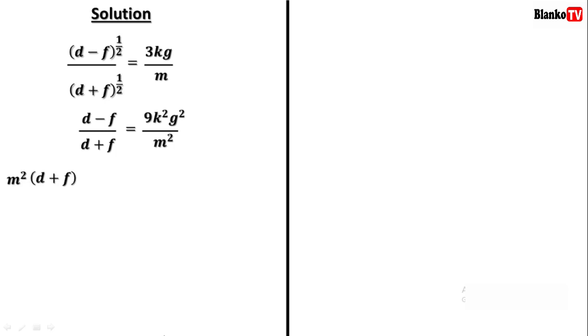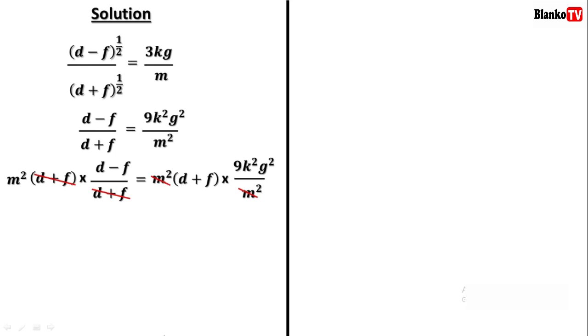So we have m square multiplying d plus f times d minus f over d plus f equals m square multiplying d plus f times 9k square g square over m square. d plus f cancels d plus f on the left hand side, then m square cancels m square on the right hand side.